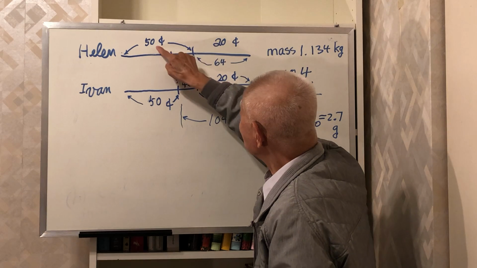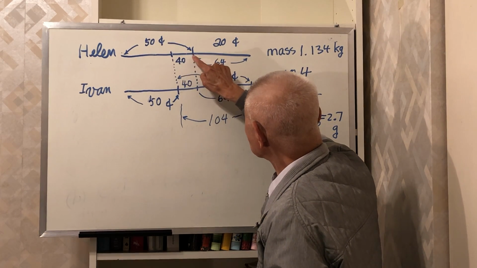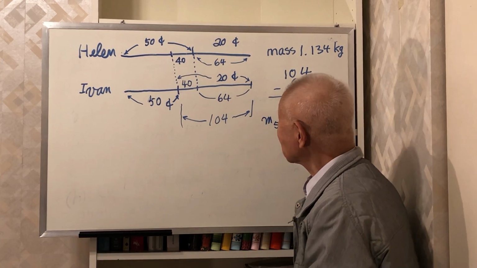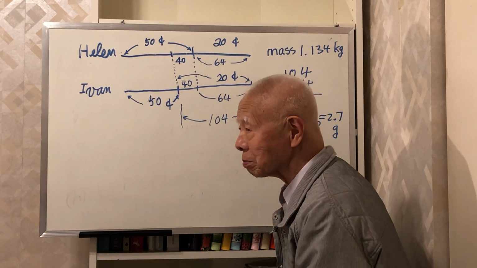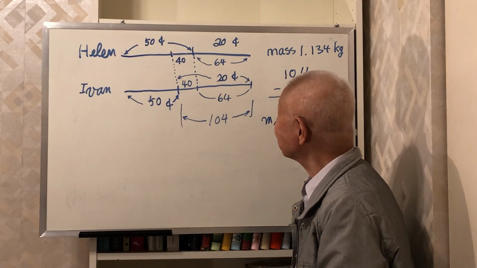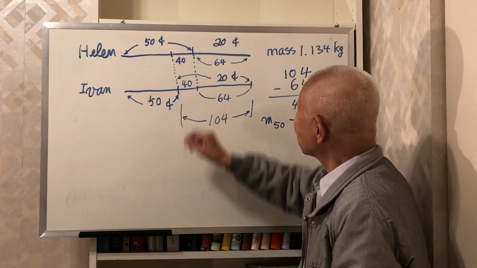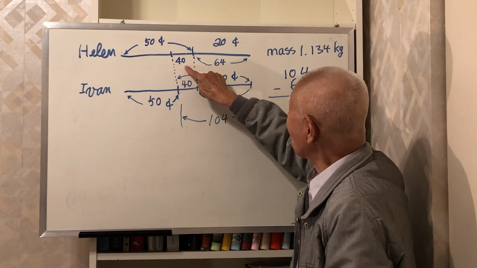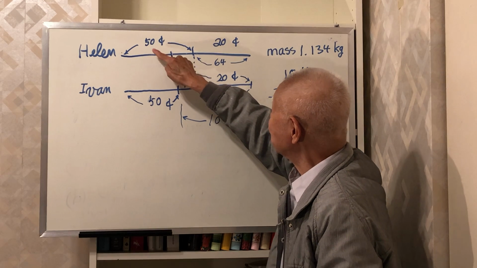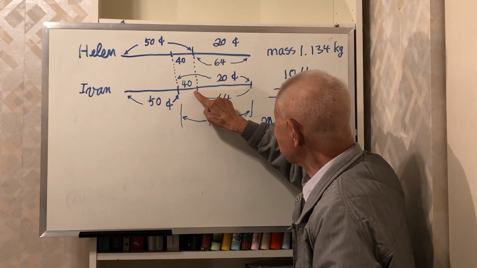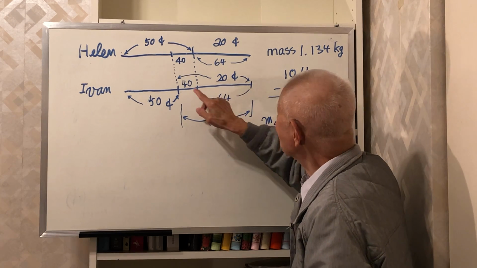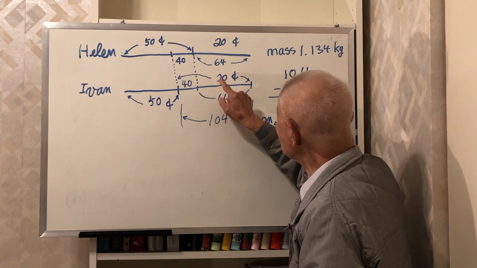The coin is 50 cent from here to here. But from here to here is only 20 cent. So this part, 40 coins is 50 cent. This part, 40 coins is only 20 cent.